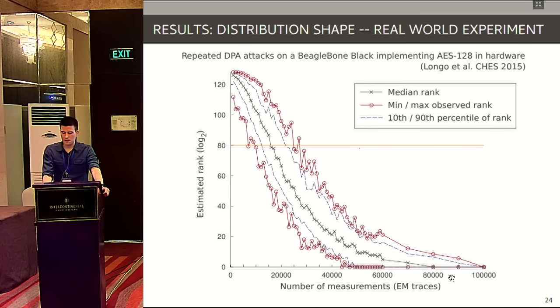So we had, I think, in the order of a few million traces. We took small subsets of those traces randomly, ran the exact same attack that these guys did, and estimated the rank. And that's what you can see plotted on this graph.